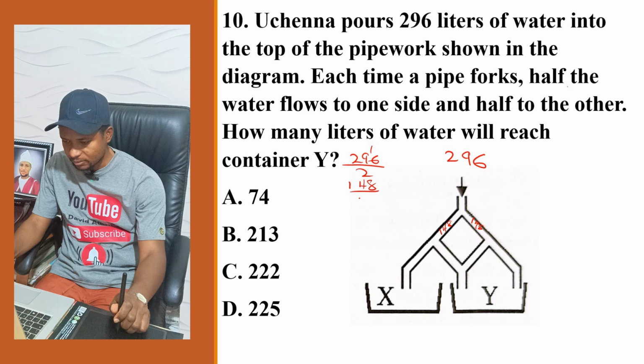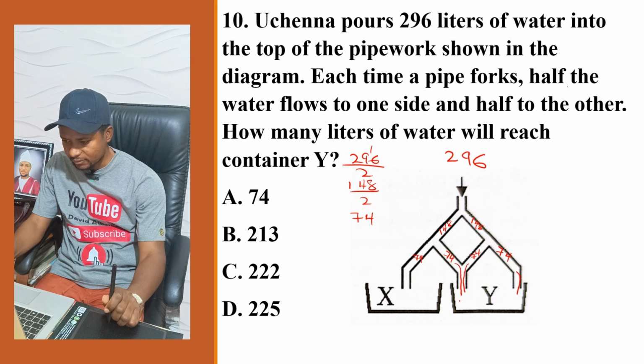148 divided by 2, you have 74. So what will be here is 74. What will flow here is 74. Same thing here, 74 and 74. So what is coming out here is 74 and 74.